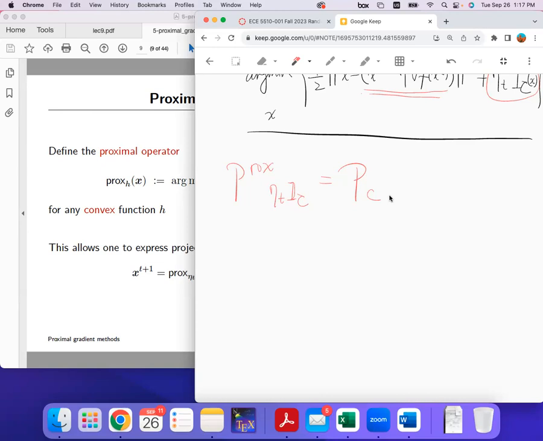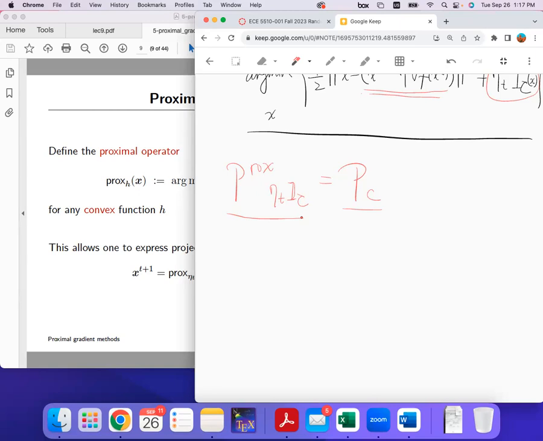So in this way, we're treating constraints as a kind of function. If you have a constraint set C, it can be equivalently mapped into an indicator function on that constraint set. And then the projection onto this set is simply the proximal operator associated with the corresponding indicator function.